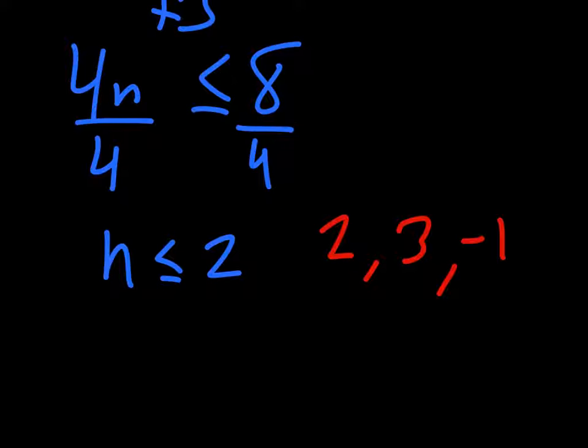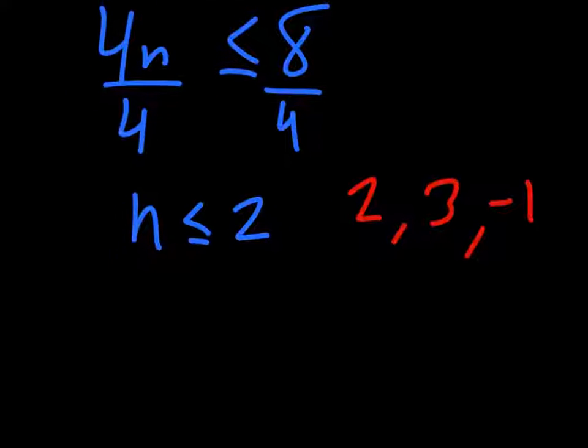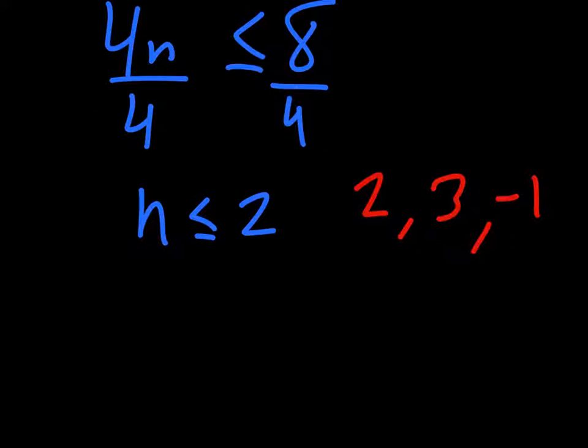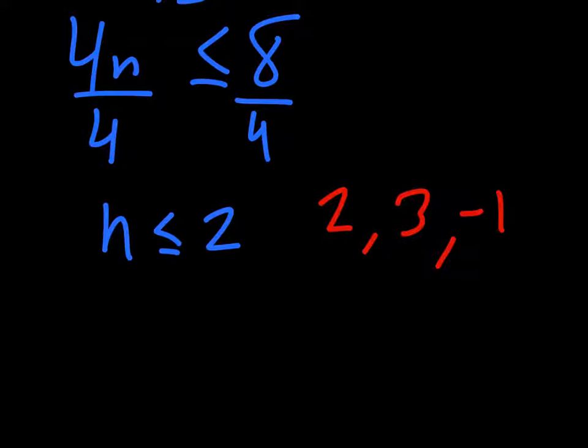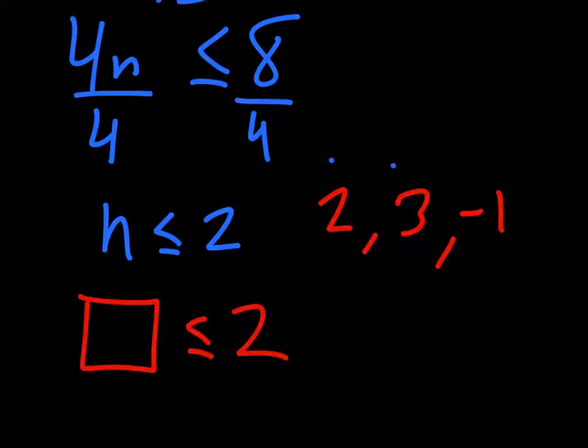Now, let's read this in math and then make sense of it. n is less than or equal to 2. So basically what it's saying is some number is less than or equal to 2. So we take each one of these and see if it is less than or equal to 2. Is 2 less than or equal to 2?